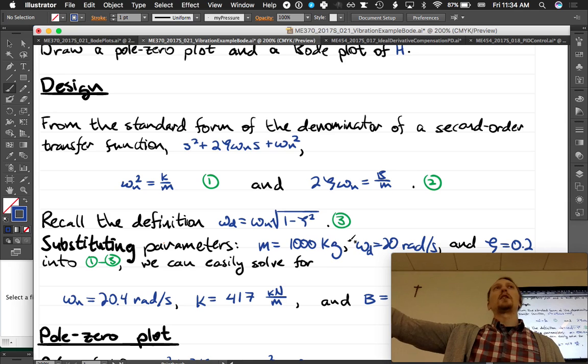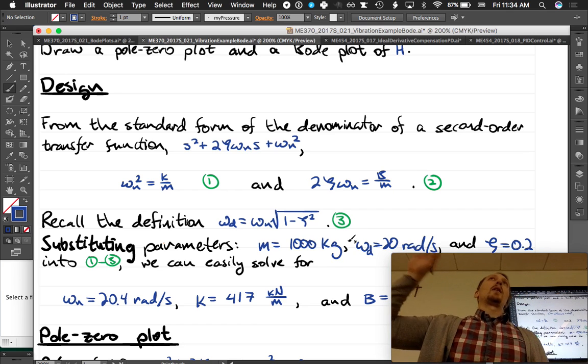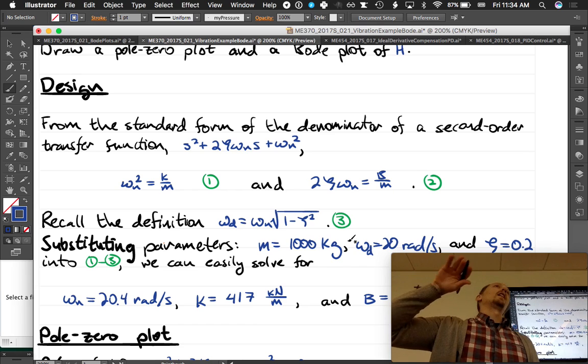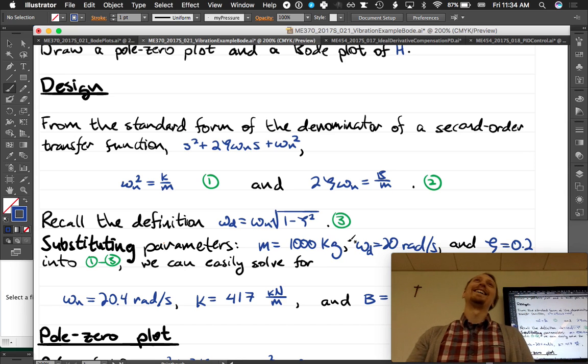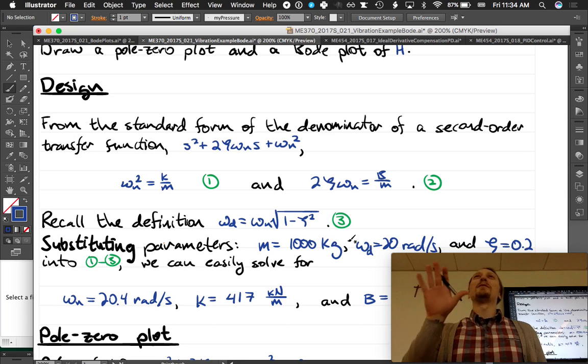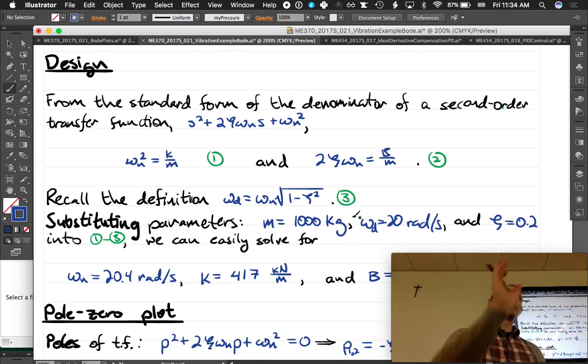I mean, we could probably add mass to it if we wanted to, but when you're designing a motor mount, typically you don't want to have to tell the person, oh, and by the way, you have to add a bunch of weight to your motor when you mount it, okay? That's not really a preferred way to do it. So we say that the mass is whatever the motor is, and we're not going to change that. So we're trying to find what K and B have to be.